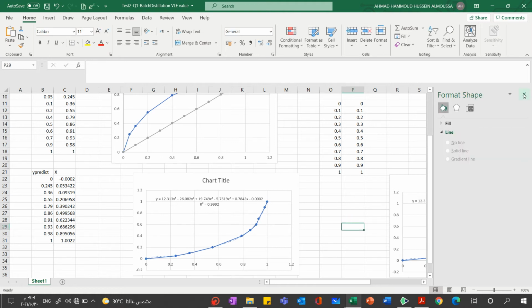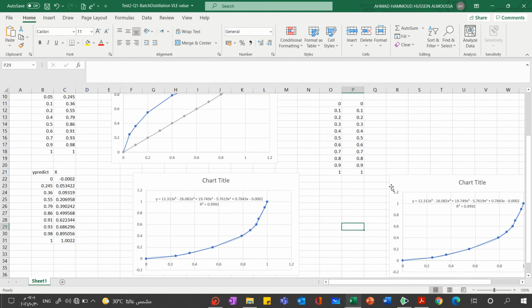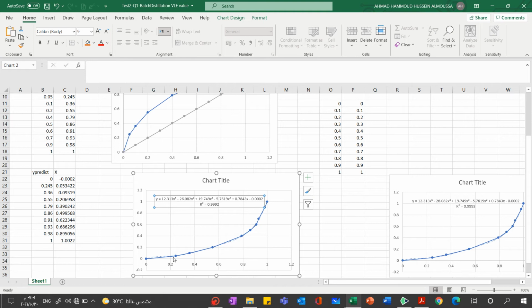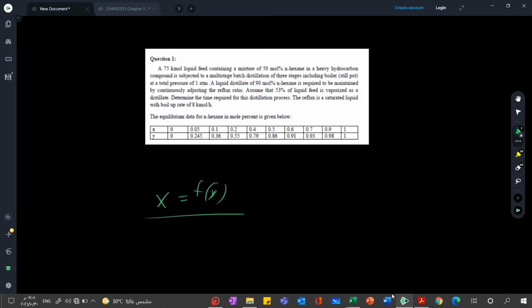Now, like what we see, the function of the trend line is shown here, but don't be confused. We reversed the x and y on this chart, so it gives us y equal f of x, but actually it is x equal f of y.